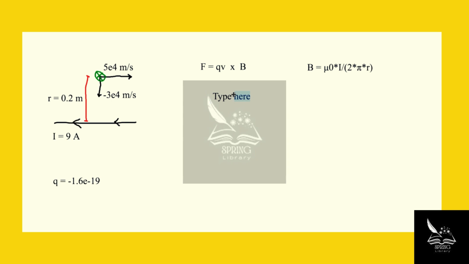F equals q, and we take the cross product of this velocity, 5 times 10 to the 4th, with the magnetic field.